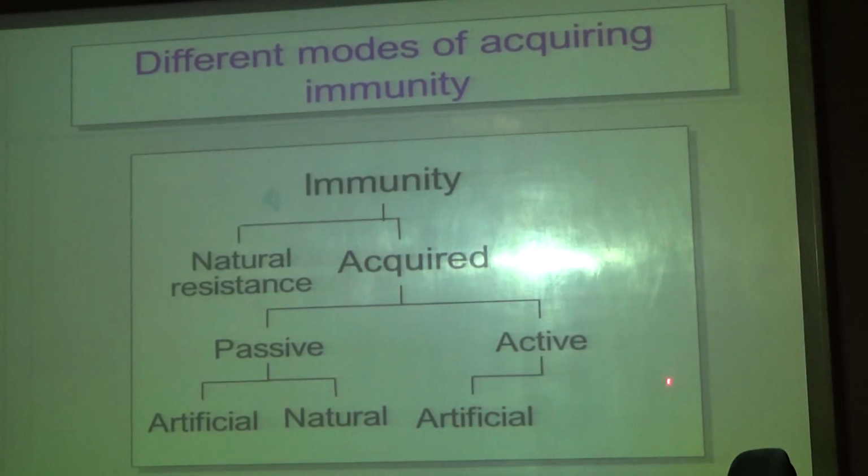Now look at the active form. Active is particles, DNAs, attenuated, live, dead organisms which can be injected into you or into me or into anyone. And the other one, natural, is if I am not immunized against measles and I get a measles infection and I get over that infection, correct?